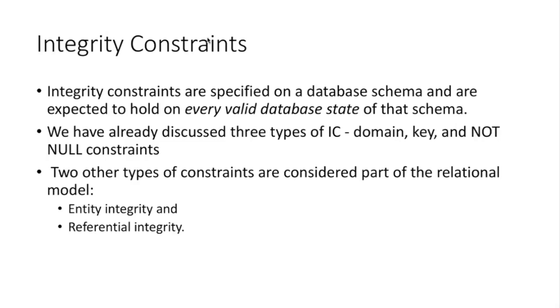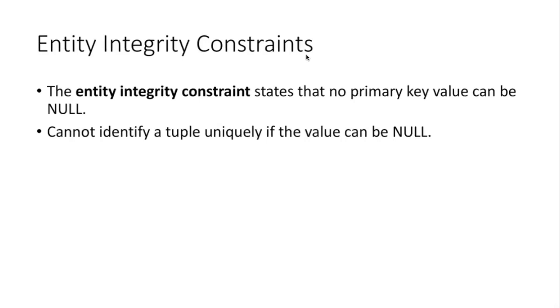So the integrity constraints, as we call them, are the rules that the data must follow when we enter it into the database. We have already discussed three types of integrity constraints, or ICs as they are called.